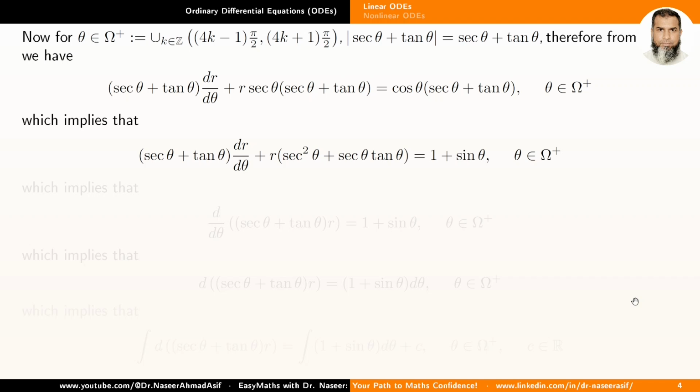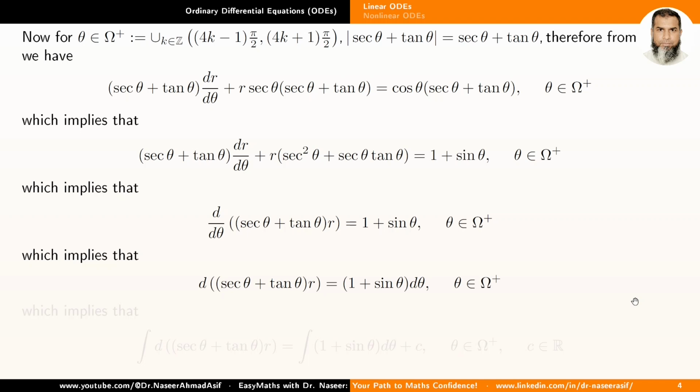Well, this can be expressed as d by d theta of (secant theta plus tangent theta) into r is equal to 1 plus sine theta, where theta belongs to omega plus. So we have d of (secant theta plus tangent theta) into r is equal to 1 plus sine theta d theta, where theta belongs to omega plus.